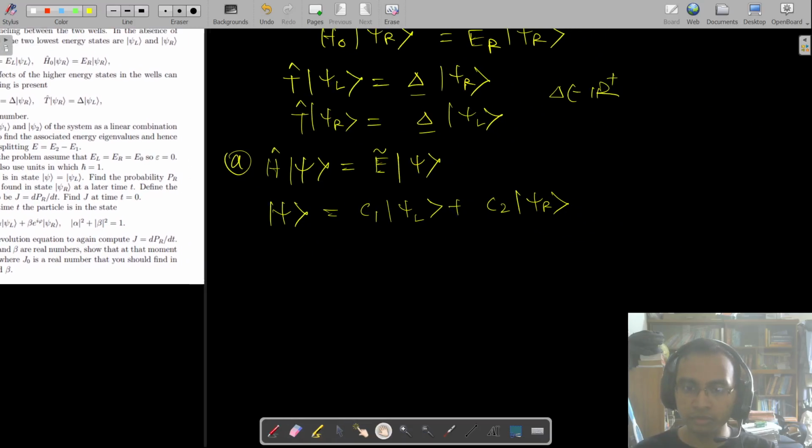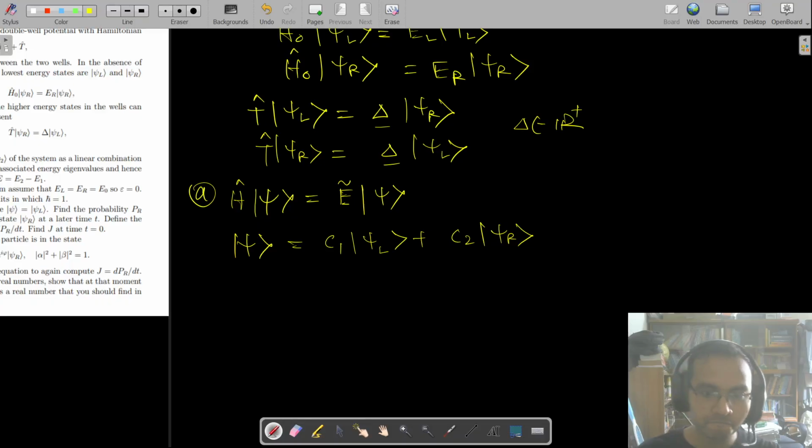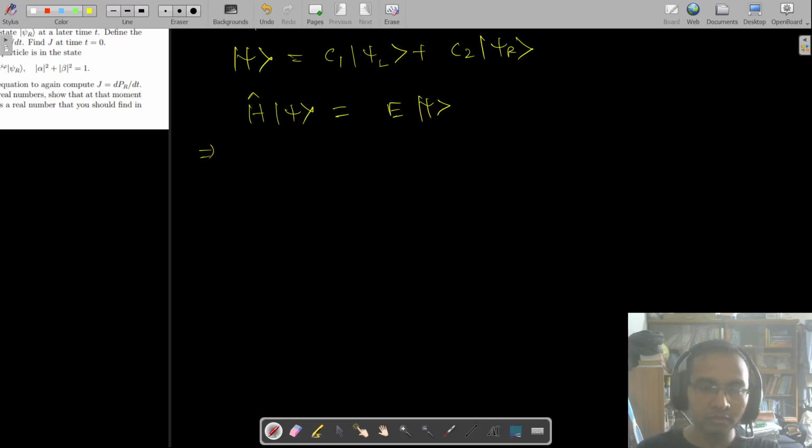Next, we're going to act on psi with the Hamiltonian, which is H naught plus T acting on this thing.